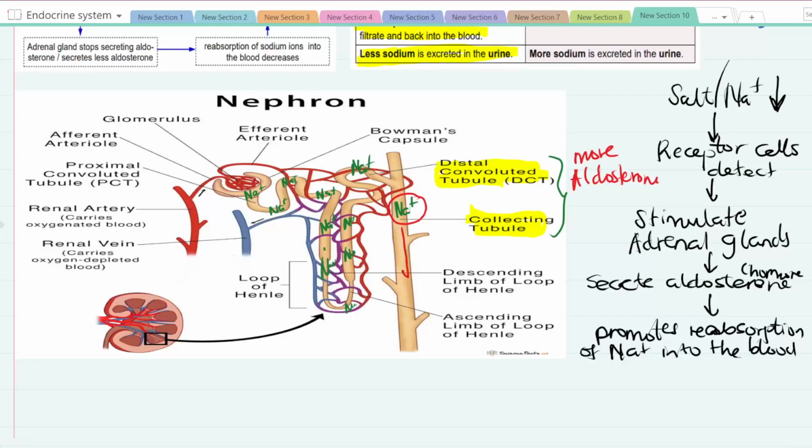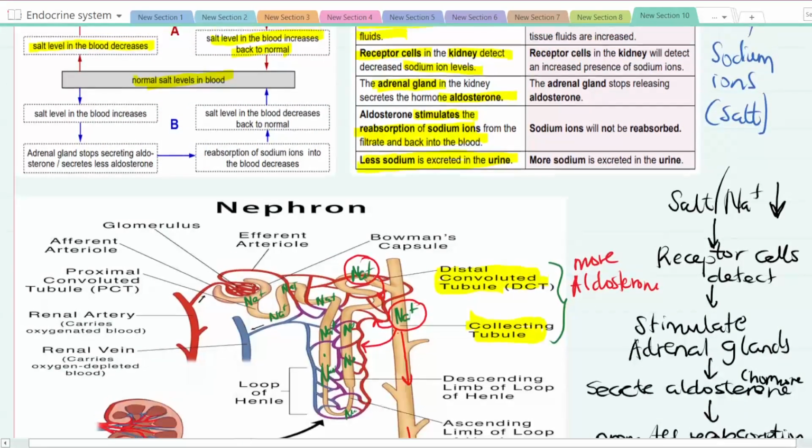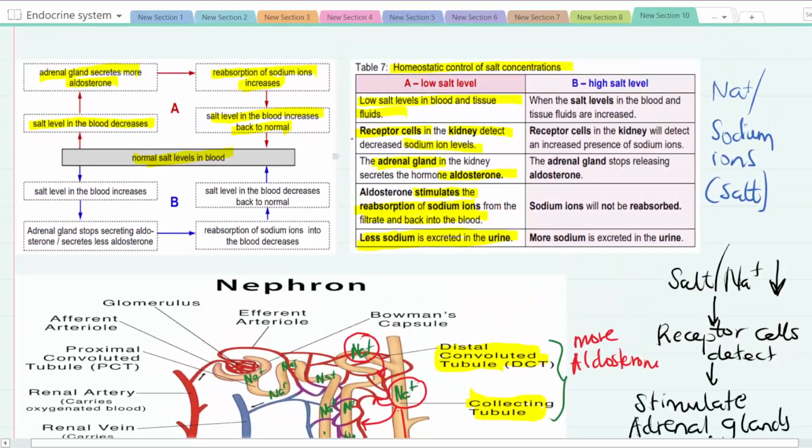So this salt, instead of going down the collecting tubule to the urethra, where it will be excreted out with the urine, will be reabsorbed, so it will move out of the tubules and into the blood vessels, and therefore the amount of sodium will increase in the blood, as well as in the distal tubule it will move out and into the blood vessels, and this will cause the sodium concentration to increase in the blood back to normal when it had decreased before. So that's how the homeostatic control occurs.